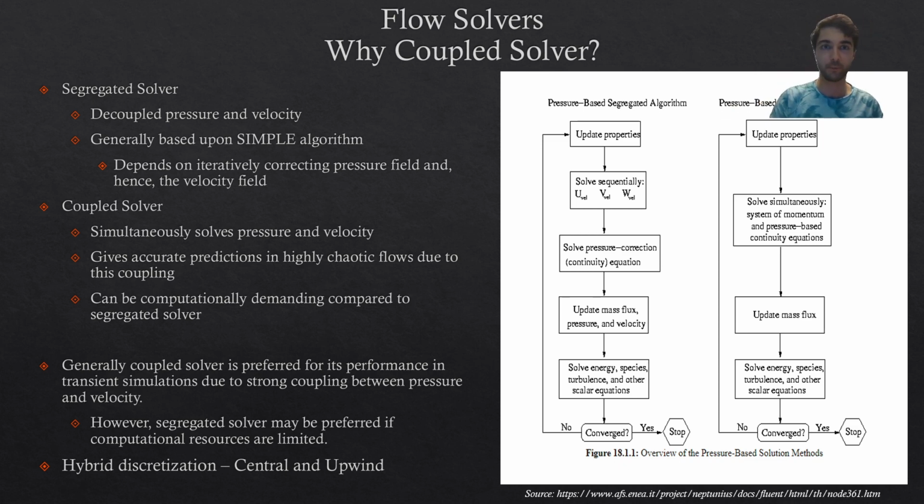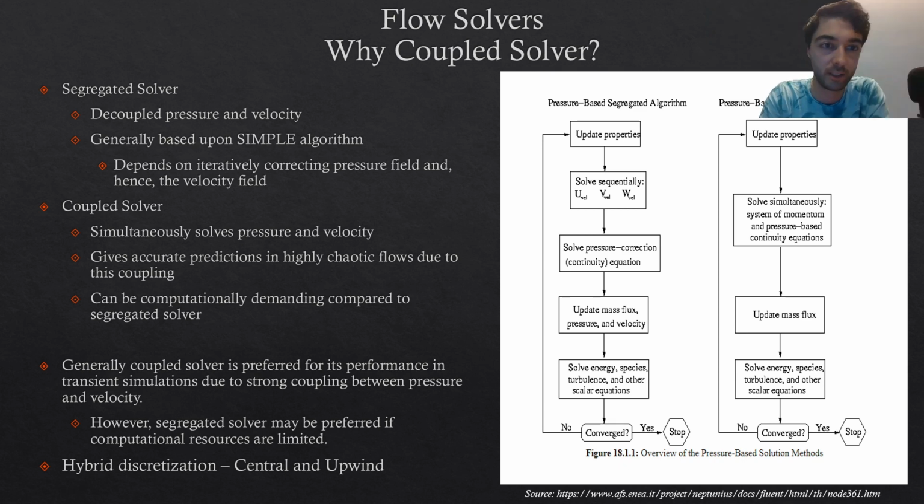It's pretty much an infinite loop. The velocity field is corrected, then updated, then the pressure field is corrected. So it's a loop, iteratively correcting the pressure field and hence the velocity field.